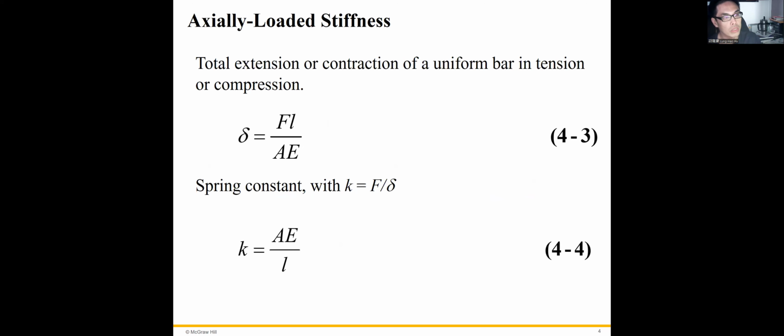When any component or beam is subjected to an axial load, as we already taught in previous courses, the deformation delta equals F, the applied force, times L, the length of the beam or component, divided by the cross-sectional area A and the Young's modulus E. So the spring constant for this elastic beam is K equals F over delta.